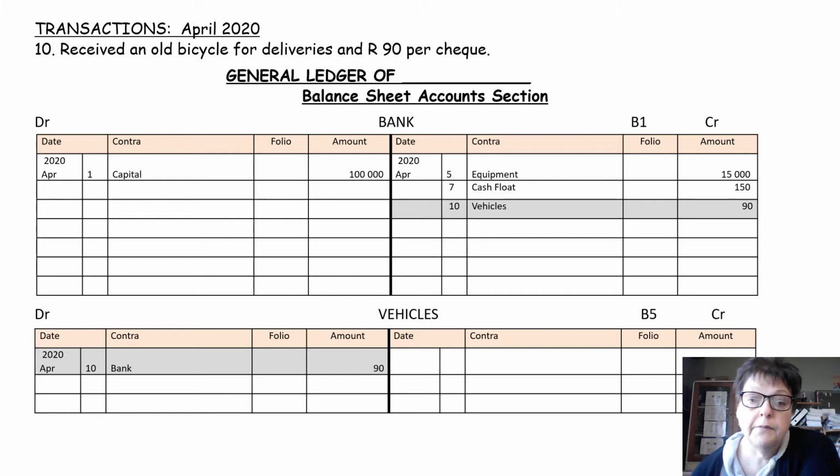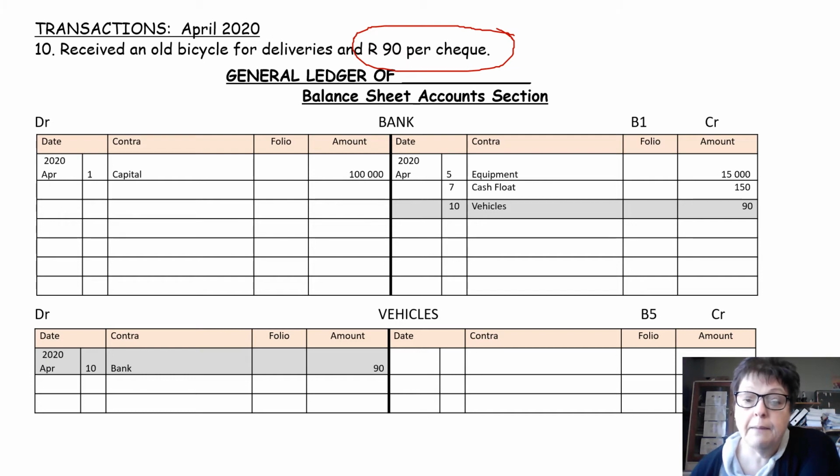On the 10th, we received an old bicycle. Receiving a bicycle is not receiving money, it's receiving a bicycle. So obviously we received this bicycle because we paid by check. We paid them by check. Again, spending money. Where does the money come from?